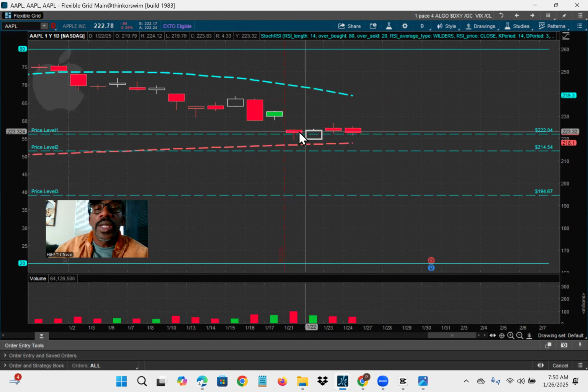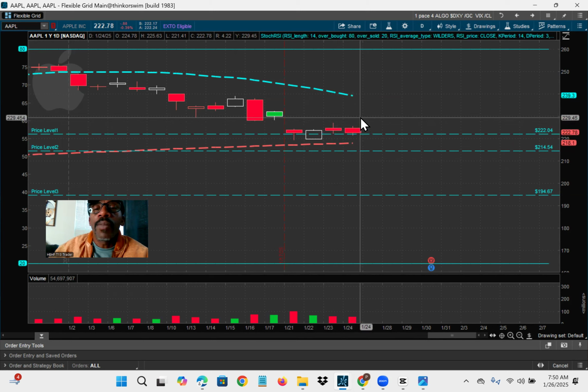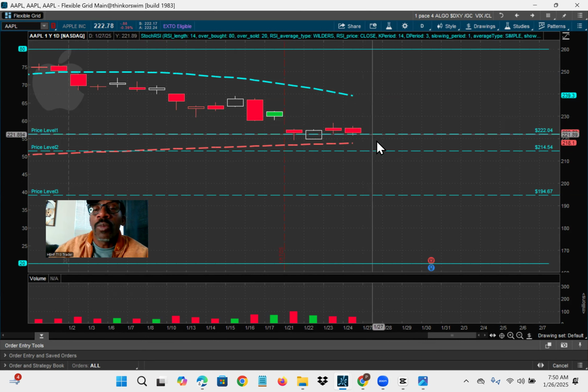It may come back down during pre-market and hold and create a support, hold this support of 222, and try to take out the gap, which brings us back again to 229, 230, and then go back down. But we have all these days right here to look at.